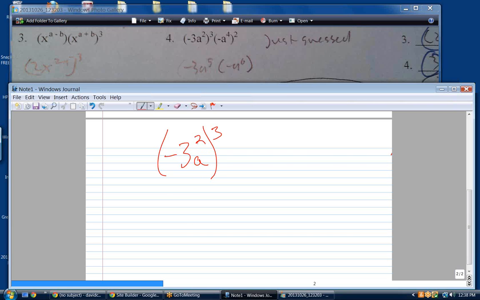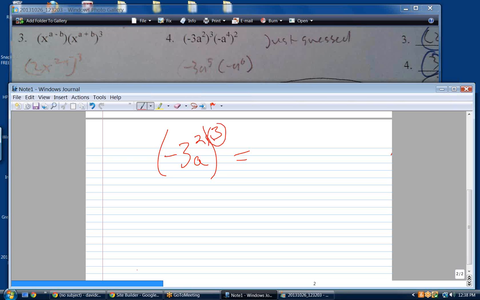It not only acts on the a squared, but it acts on the minus 3. So what's that equal to? Negative 9a to the 6th power. Minus 3 cubed is... cubed, not squared. In other words, this 3 is not being acted on by the 2. It's being acted on by the 3.